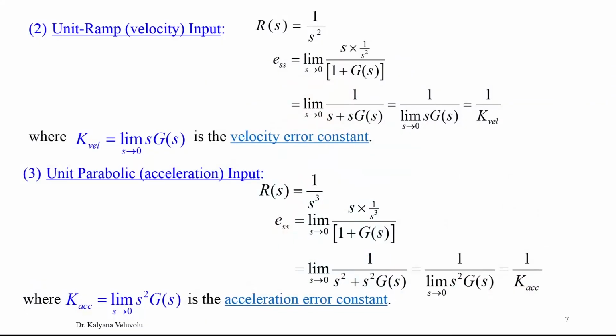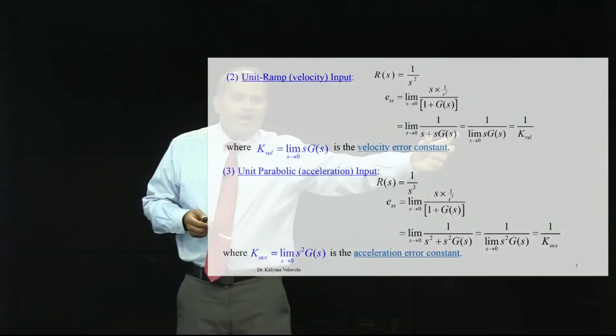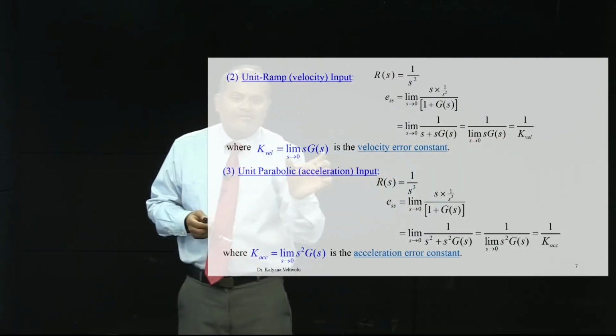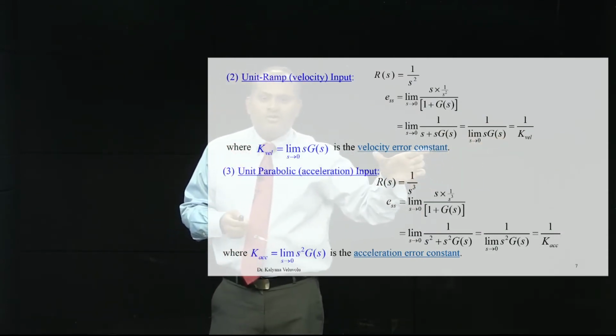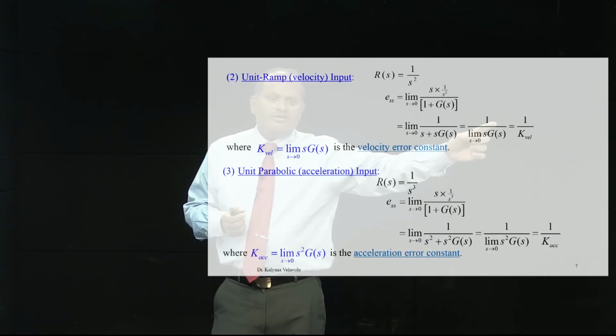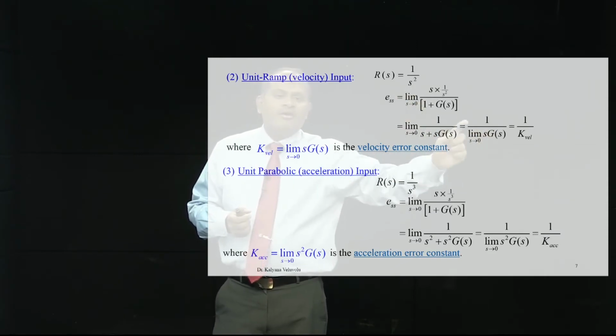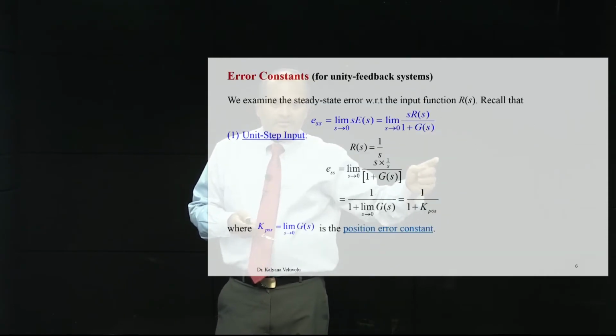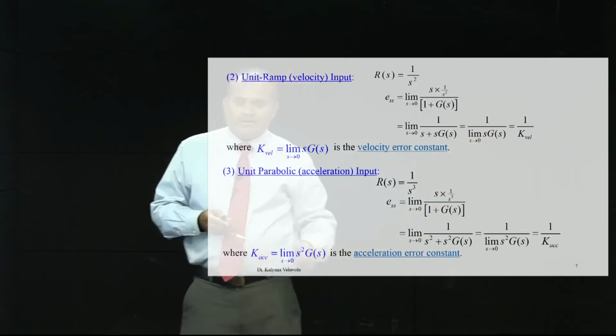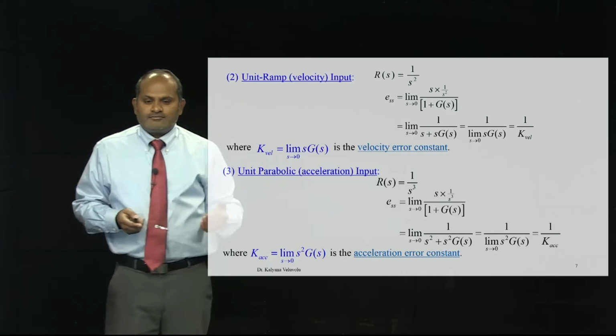So, you get 1 by k velocity for unit velocity or unit ramp input. k velocity is limit s tends to 0 s into g of s. We call this term k velocity, the velocity error constant. So, the actual error will be 1 by 1 plus k position for step, and 1 by k velocity for ramp.